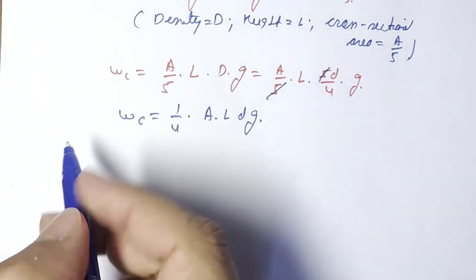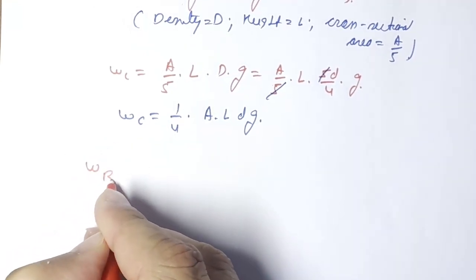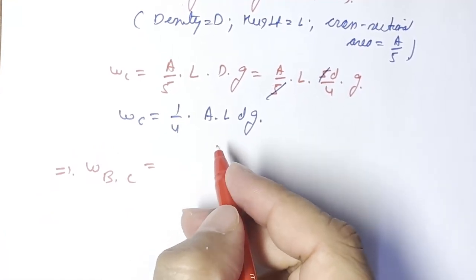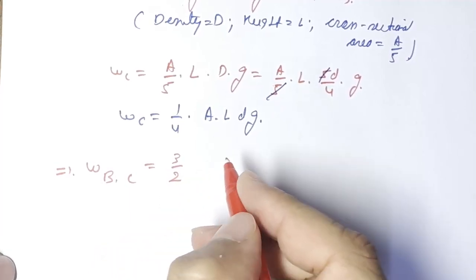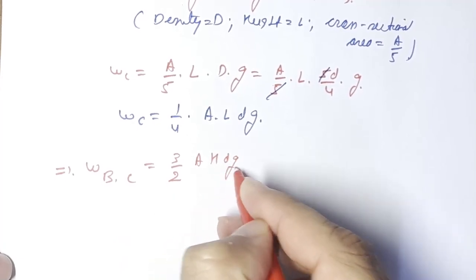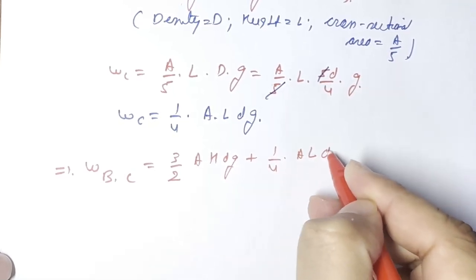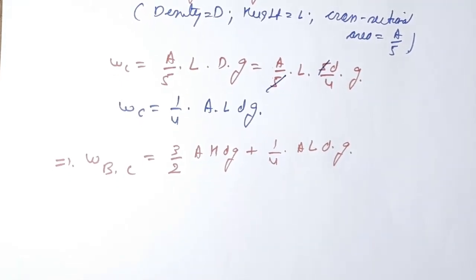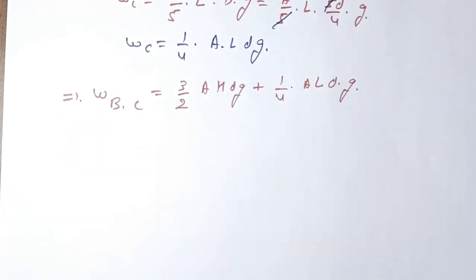So we can say weight at the bottom, WBC, will be equal to 3 by 2 A capital H d G plus 1 by 4 A L d multiplied by G. And now we are supposed to find the pressure.